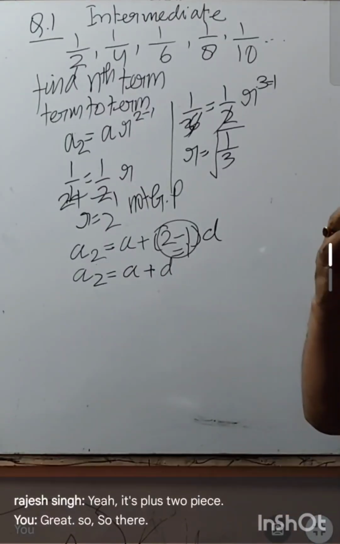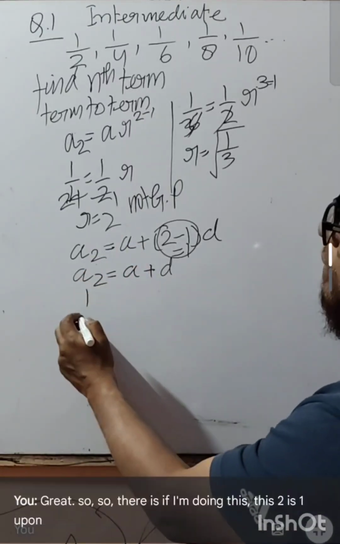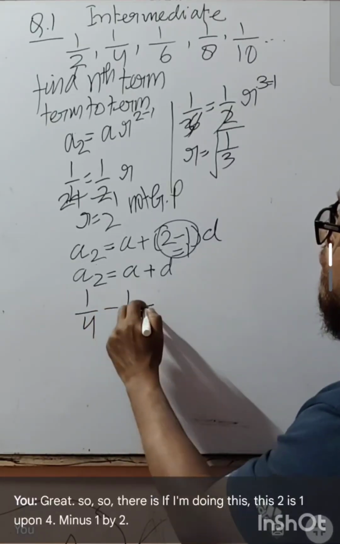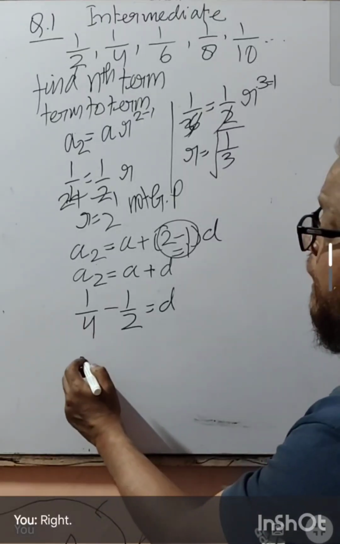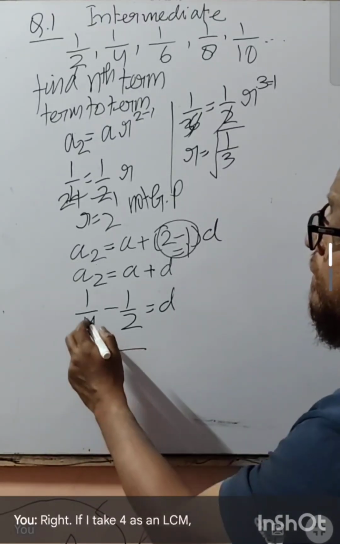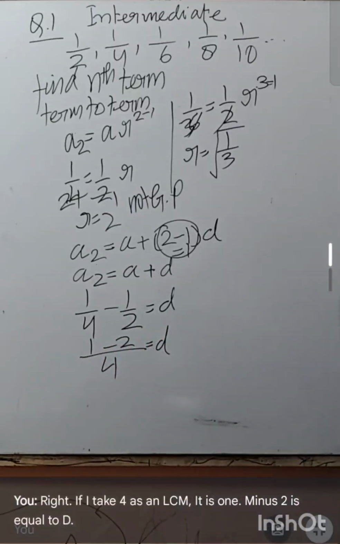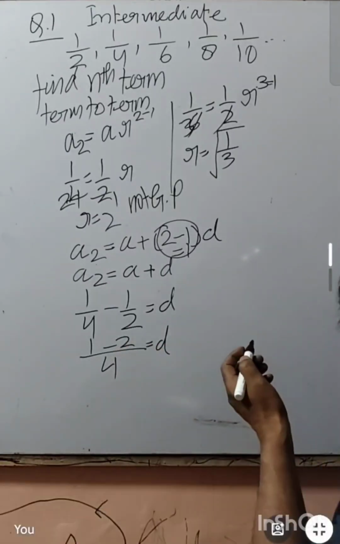So if I'm doing this, 1 upon 4 minus 1 by 2 is equal to D, right? If I take 4 as an LCM, it is 1 minus 2 is equal to D. So it is reducing 1 by 2.